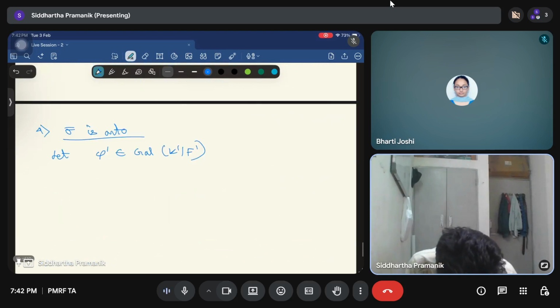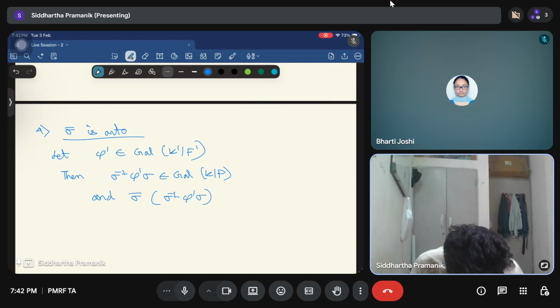So you just check that sigma inverse phi prime sigma belongs to the Galois group of K over F, and sigma bar of this element is sigma sigma inverse phi prime sigma sigma inverse, which is basically phi prime.